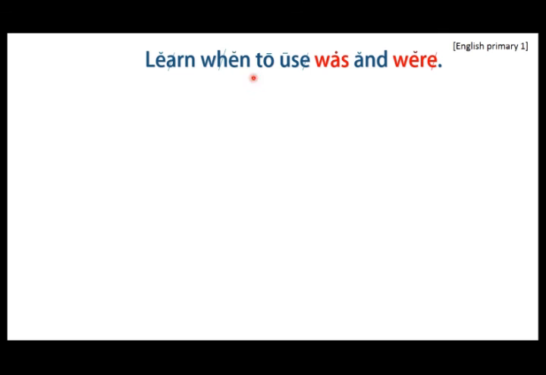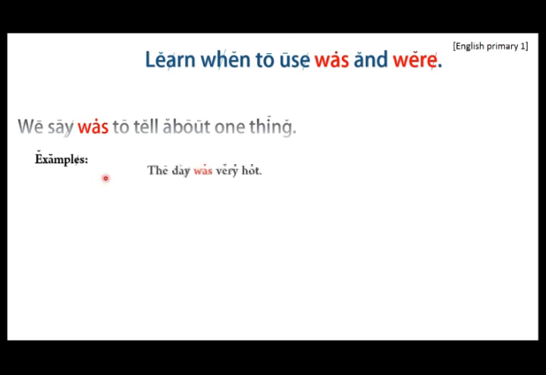Learn when to use was and were. We say was to tell about one thing. Examples: The day was very hot. The night was very cool.